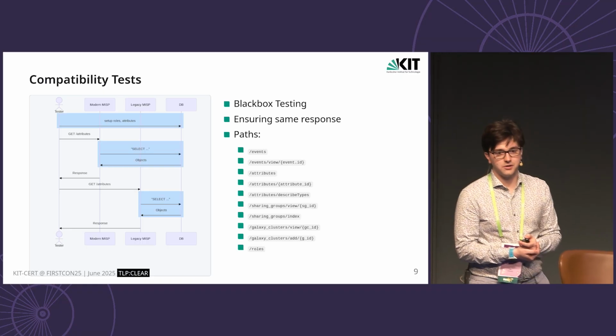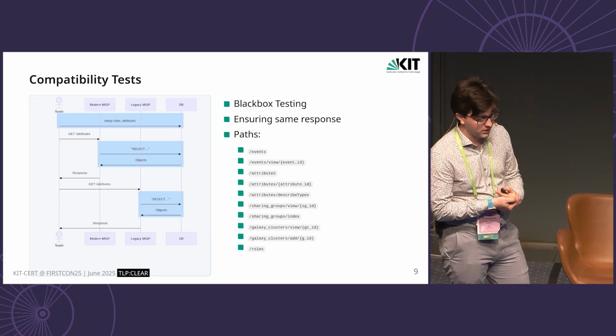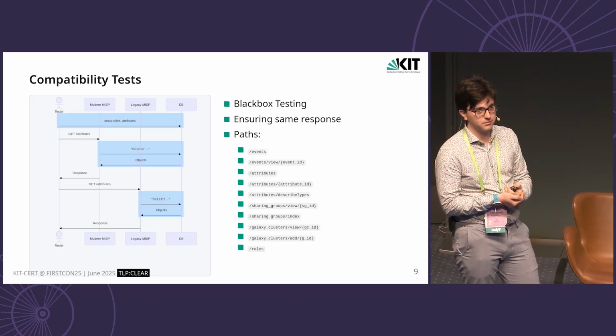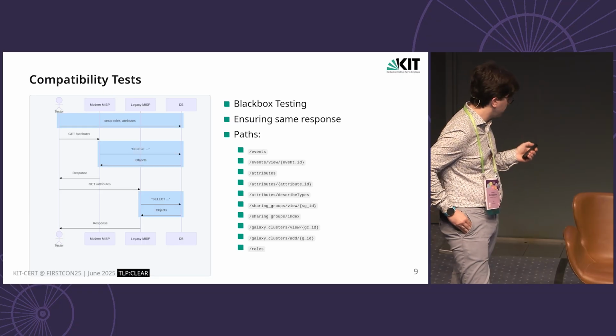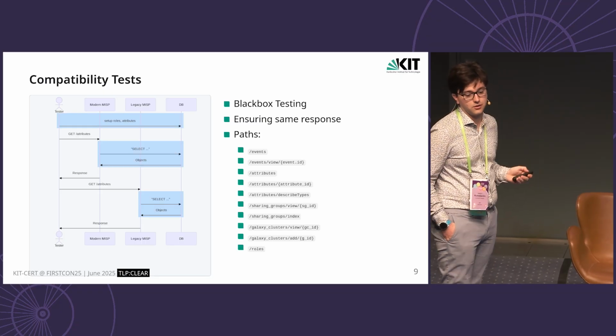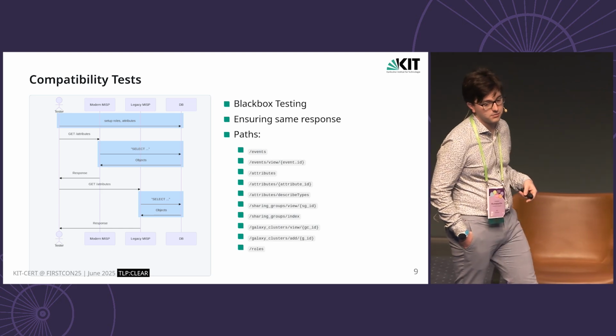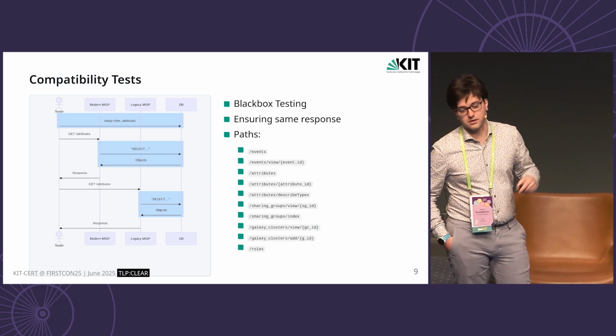So how do you test such a project? We decided to handle that as black box testing with MISP. So we take a database and connect both Modern MISP and Legacy MISP to the database, set up roles, attributes, events, and so on.